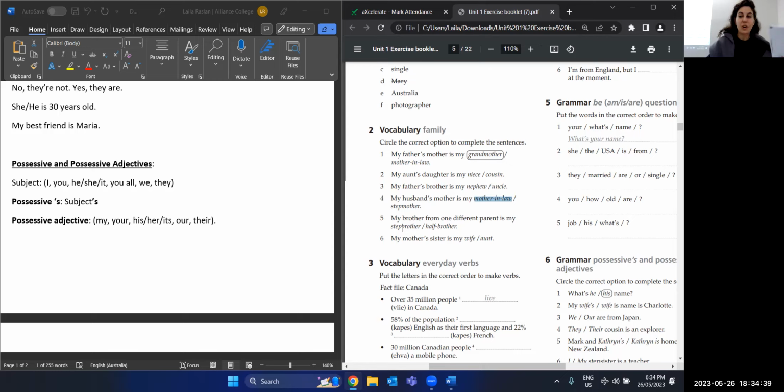The step is only if my children, and then I marry another man and he has children, but we didn't have those children together, they become step brothers and sisters because they don't share the blood with the same parents. So my husband's children would be my step, or if I'm, yeah. So here, my brother from one different parent is my half brother because they have one same parent, so half the blood. They share half the same blood.